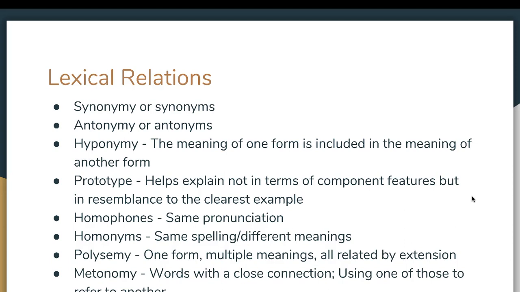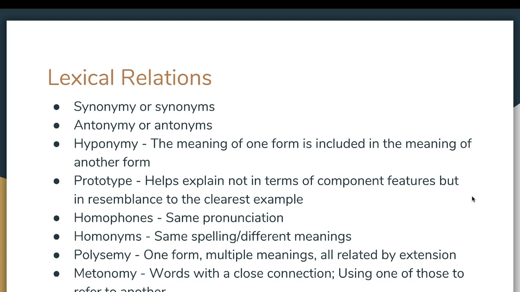Okay, then we have prototypes, and this helps explain not in terms of component features, but in resemblance to the clearest example. So they're talking about birds on page 132 when you're looking at prototypes.